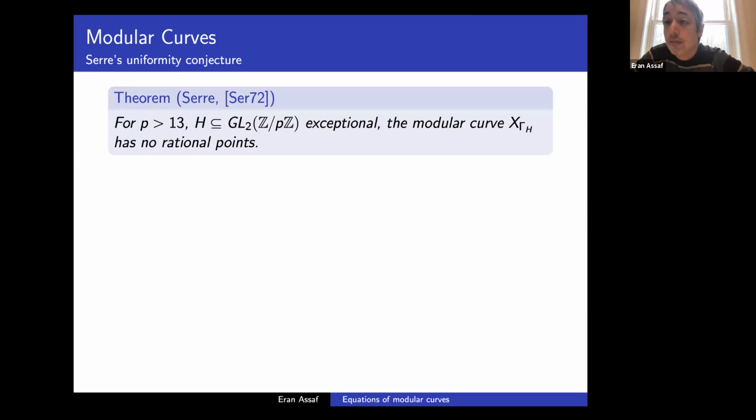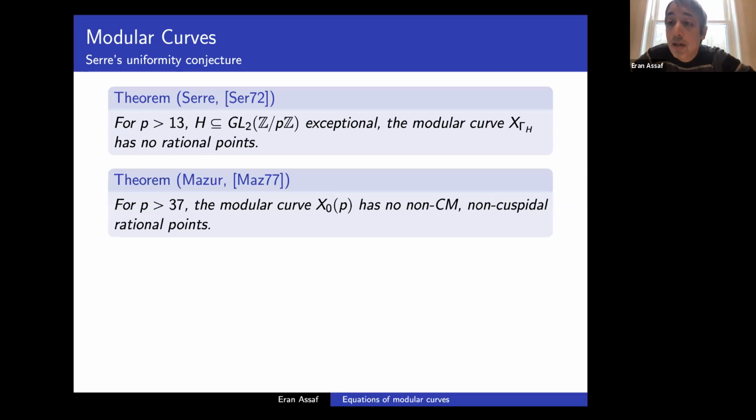Then the modular curve corresponding to this subgroup has no rational points, which means that there are no elliptic curves defined over the rationals for which the image of the Galois representation is contained in the exceptional subgroup. Then there's the theorem of Mazur, that for p greater than 37, the modular curve X_0(p), the modular curve corresponding to the Borel subgroup at p, has no non-CM, non-cuspidal rational points.